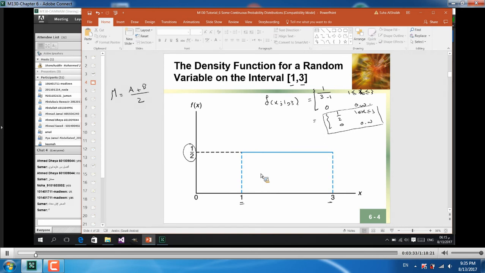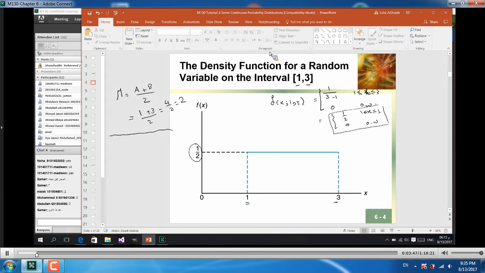A is 1, B is 3, over 2, so 4 over 2 is equal to 2. The formula for the uniform distribution: the sigma square is given by b minus a squared over 12. What's my b? 3. What's my a? 1. So 2 squared is 4 over 12, so 1/3.